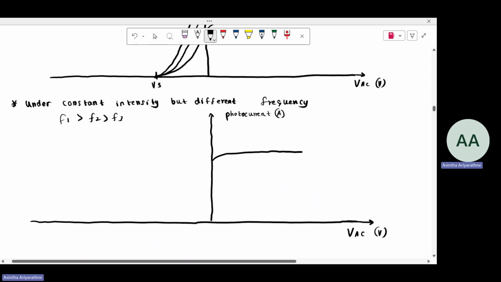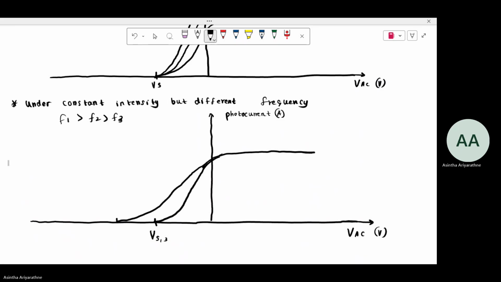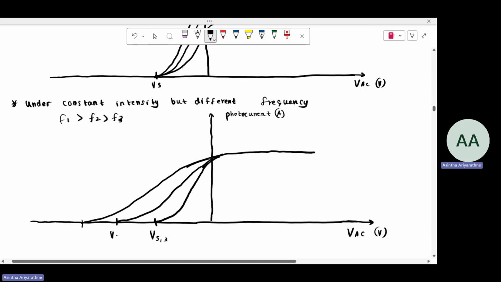So the photocurrent remains the same because the intensity is constant. But the stopping voltage varies.